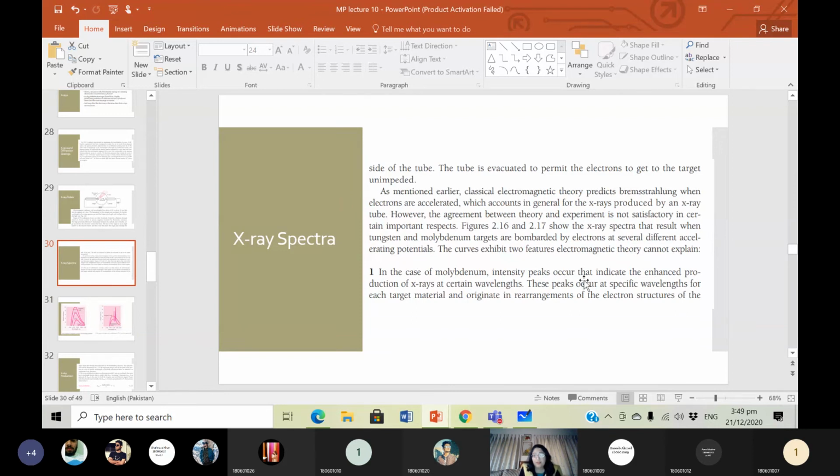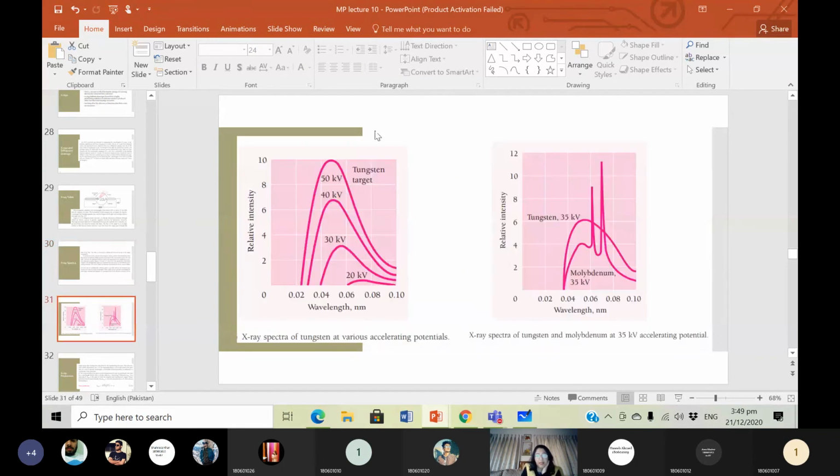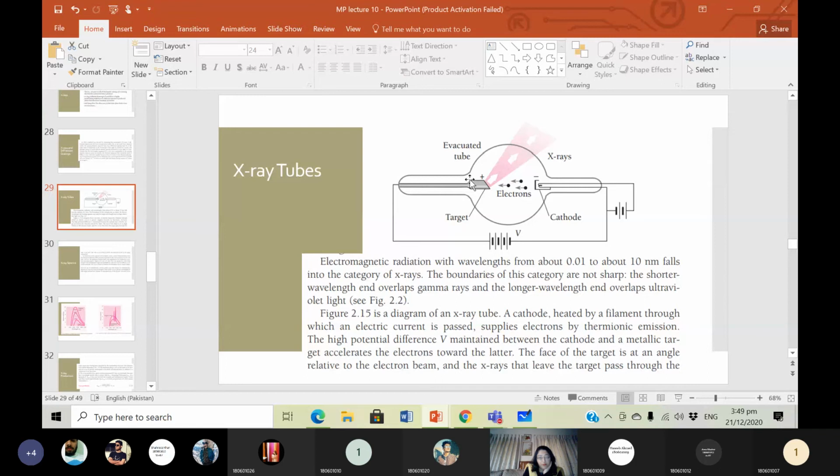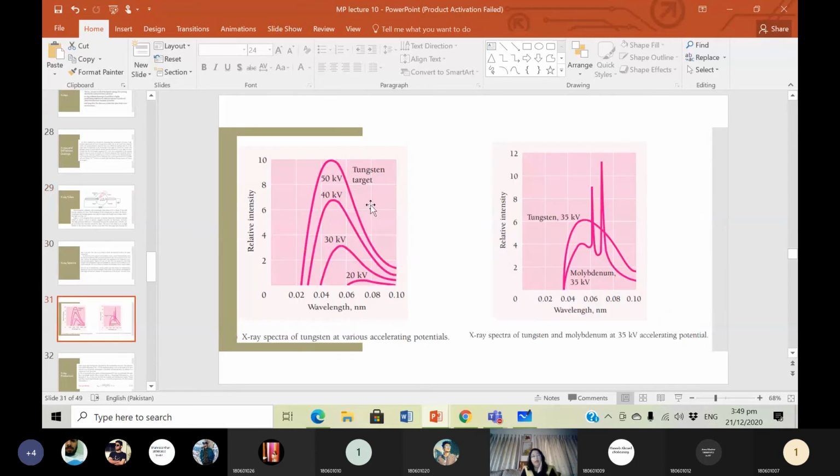In the case of molybdenum, intensity peaks indicate the enhanced production of X-rays at certain wavelengths. Basically, these are the X-ray spectra that we get when we use this experimental setup for two different materials, two different targets. This is the X-ray spectrum of tungsten at various accelerating potentials.